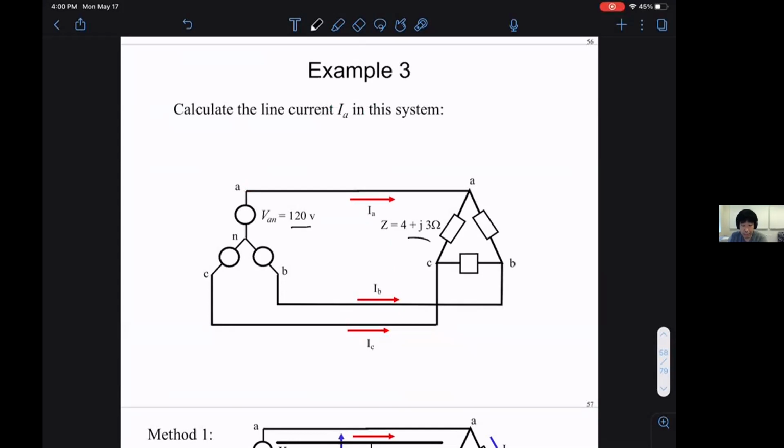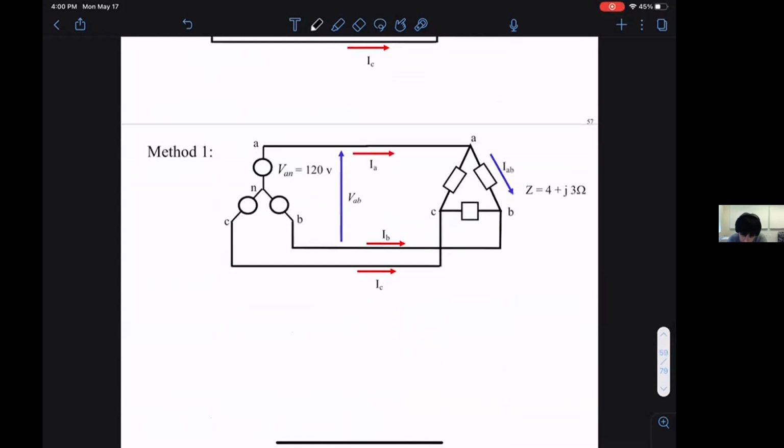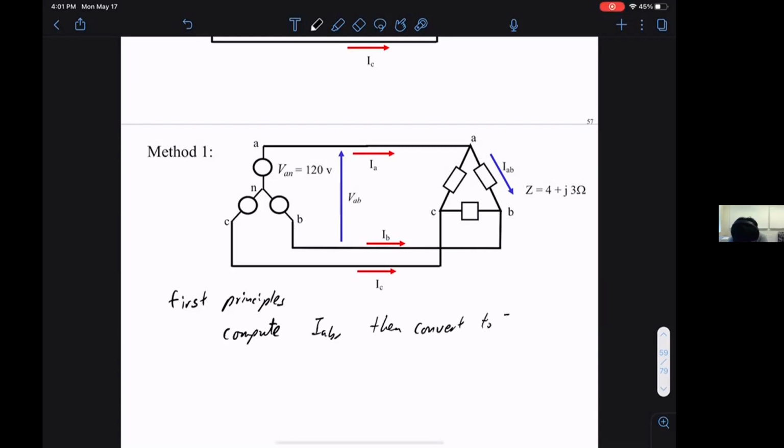So one way to do this is from first principles. By first principles, we can look at the following: compute IAB, then convert to IA.